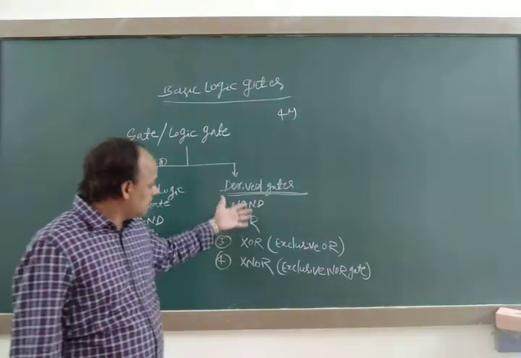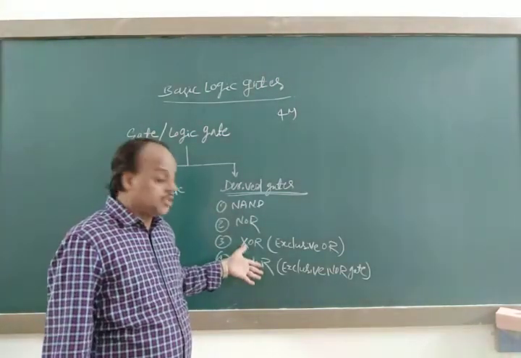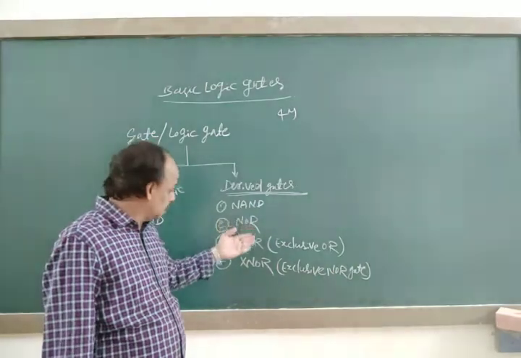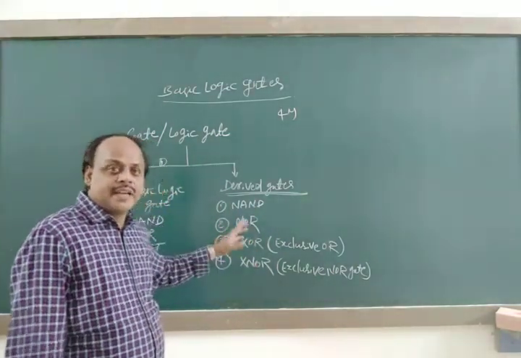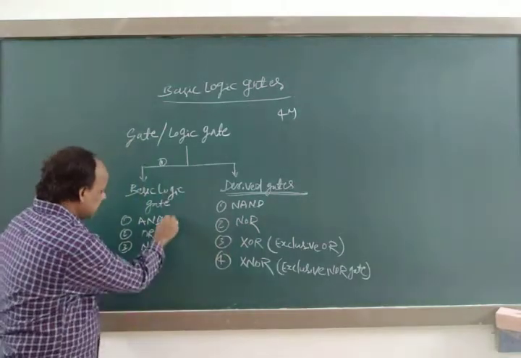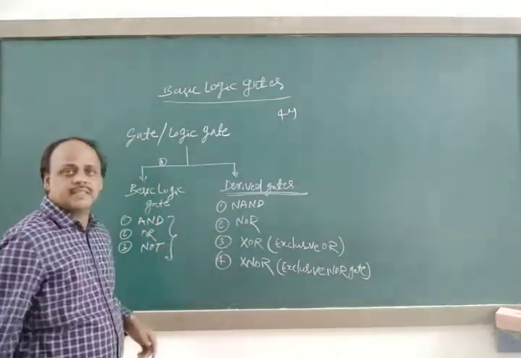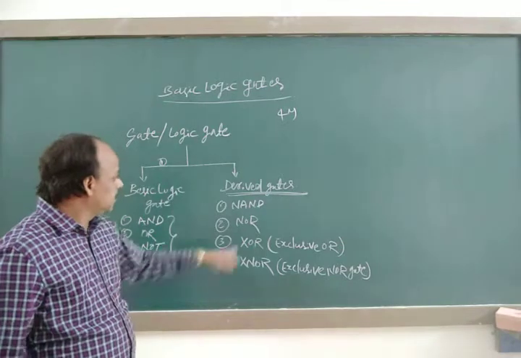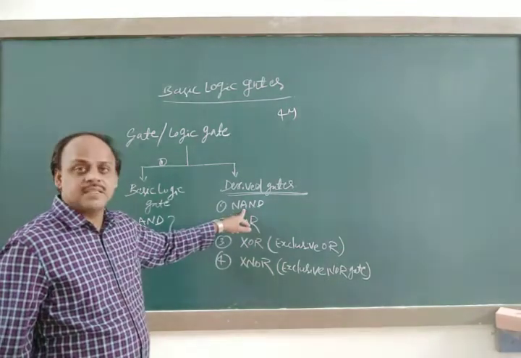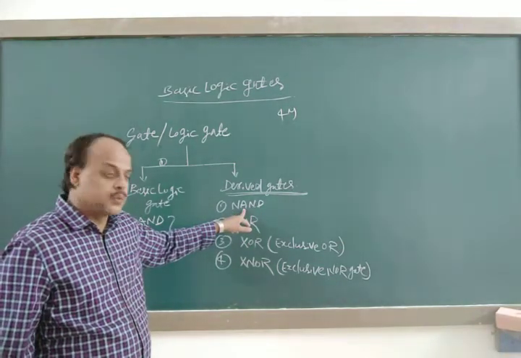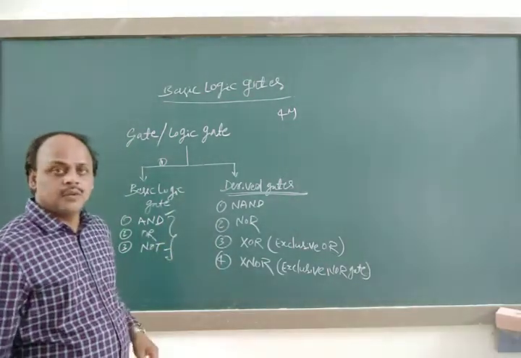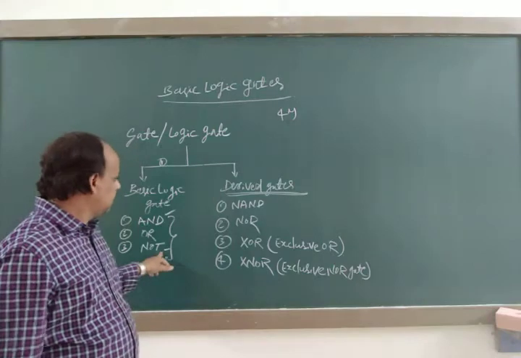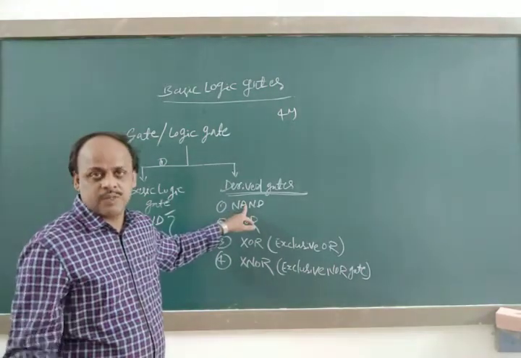Means these are not directly constructed. To construct a NAND gate or any of these derived gates, we are going to take help of basic gates. For example, to construct this NAND gate, we are going to use AND and NOT. Without AND and NOT, NAND is not possible.